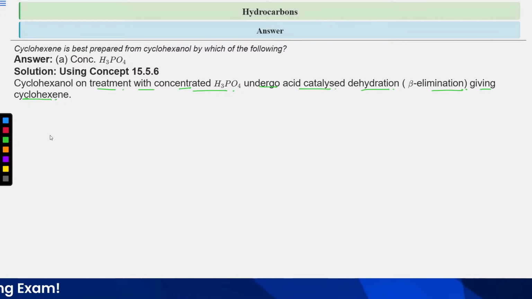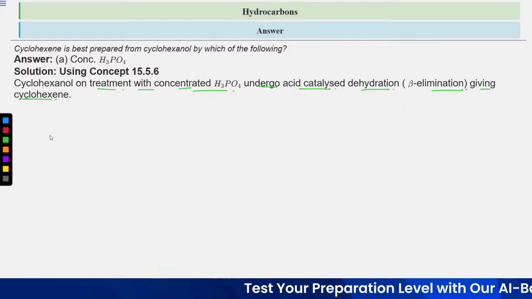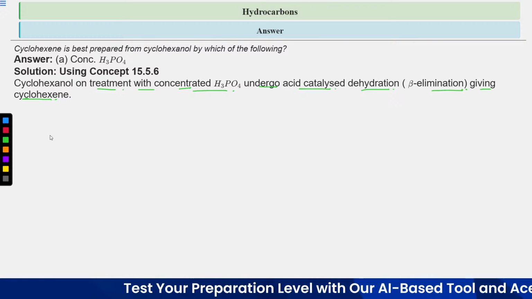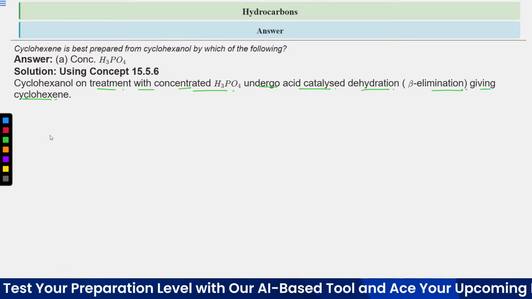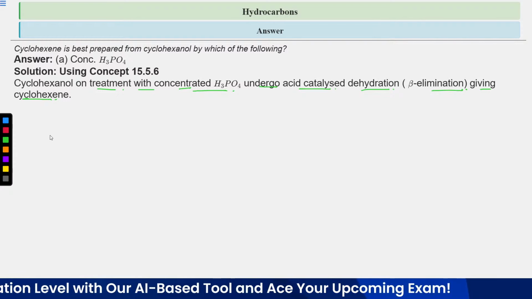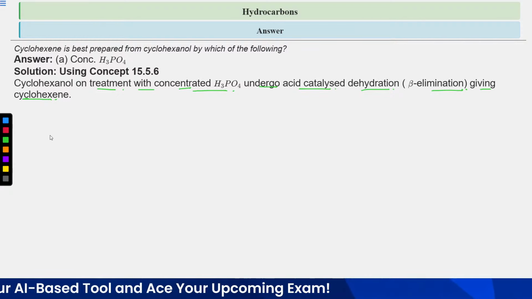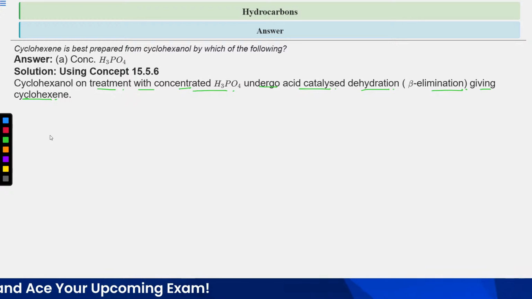So when you prepare cyclohexene from cyclohexanol, you treat cyclohexanol with concentrated H3PO4 first, and then it will undergo an acid catalyzed dehydration reaction because we are involving acid, and also beta elimination will happen, and it will finally give us cyclohexene.